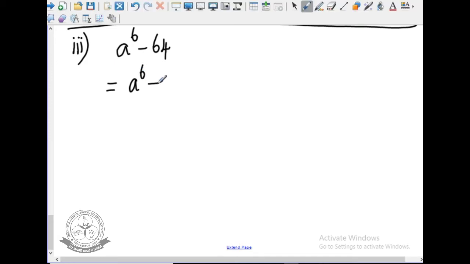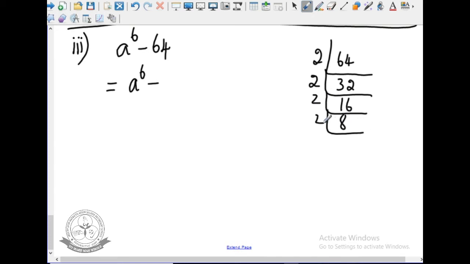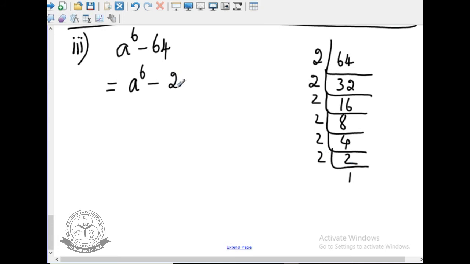64 you can factorize: 2, 32, then again divisible by 2, 16, 2, 8, again 2, 4, again 2, 2, then 2, 1. So 2 power 6 is equal to 64.